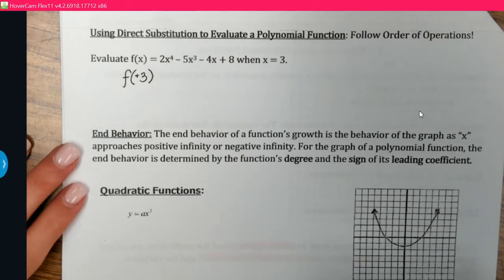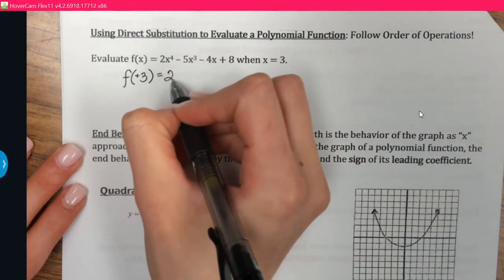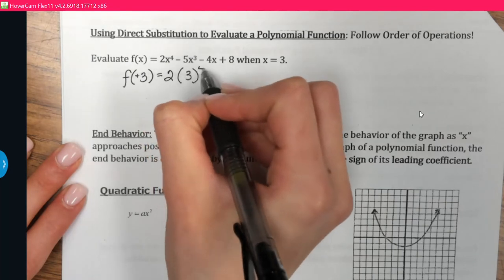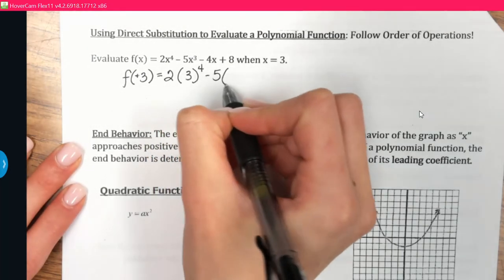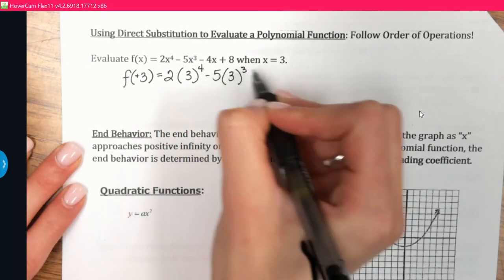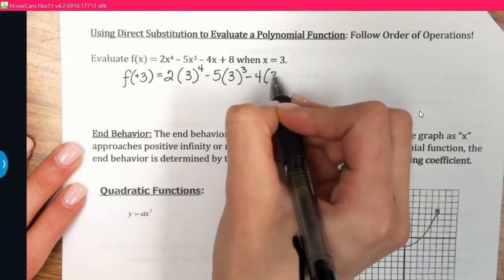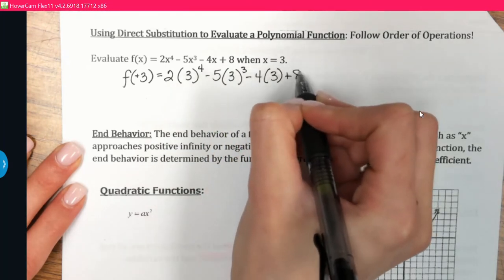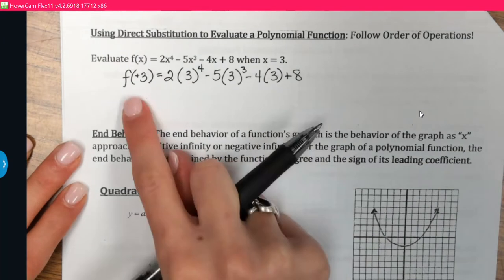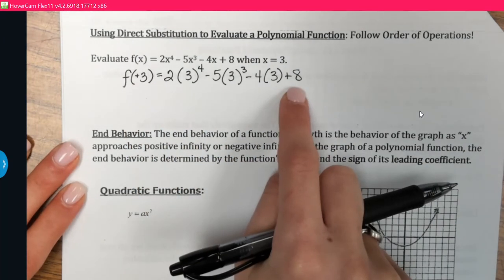Okay, so all I do is plug that in. 2 times 3 to the fourth minus 5 times 3 to the third minus 4 times 3 plus 8. And yes, I want to see you plug that value in.